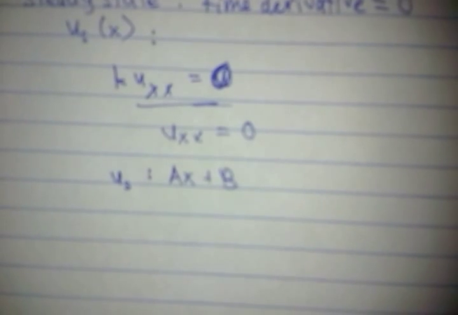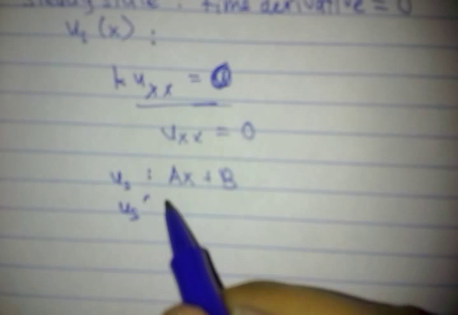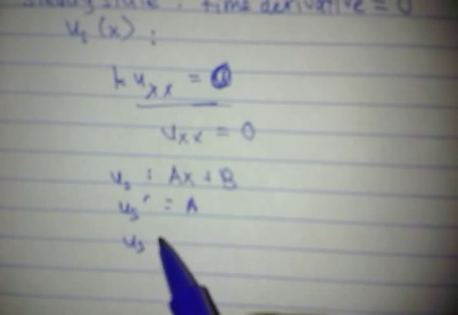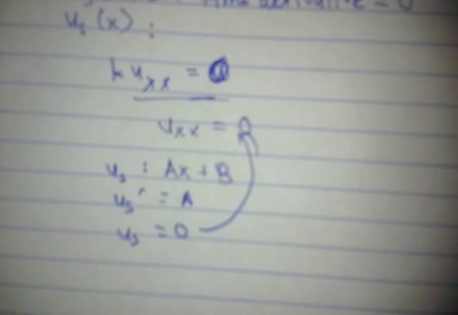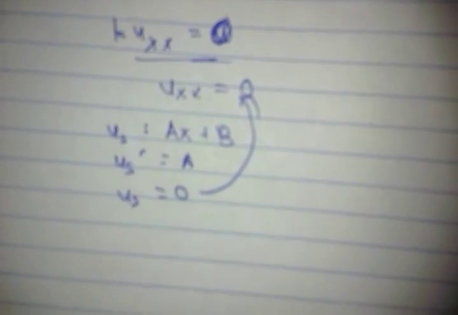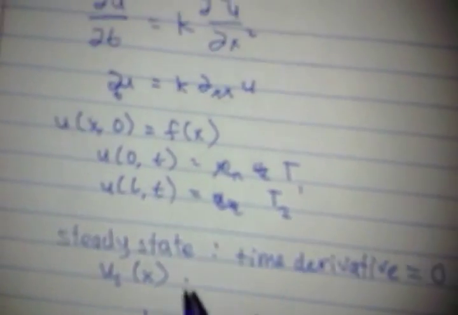And why is this the case? Because if you take the first derivative, then you end up with a, and you take the second derivative, then you end up with 0, which aligns directly. So it's essentially a linear solution. Now this is only the case because it is this kind of simple heat equation.